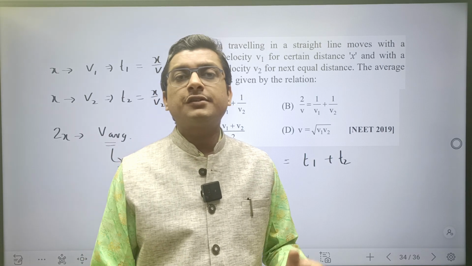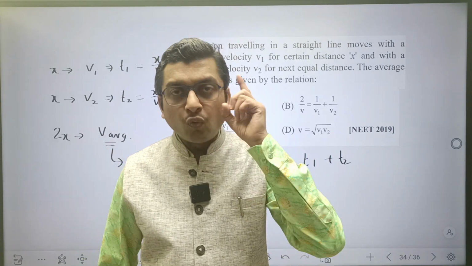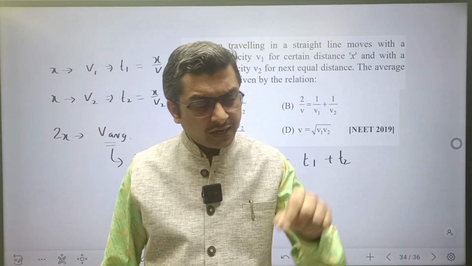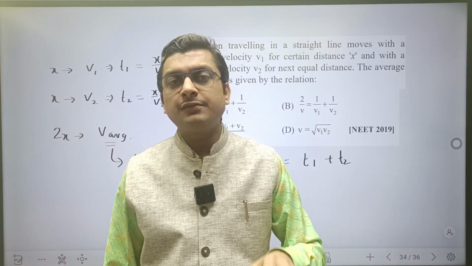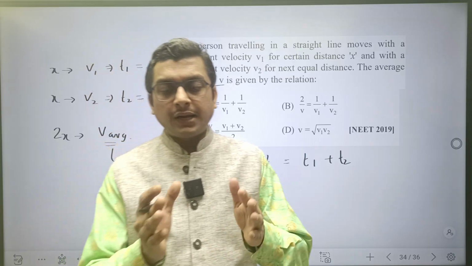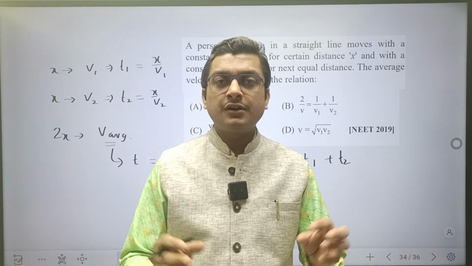If you cover the same distance in the same 1 hour by following a single speed, that single speed is known as average speed. So whenever you talk about average speed, the time of journey must be the same.